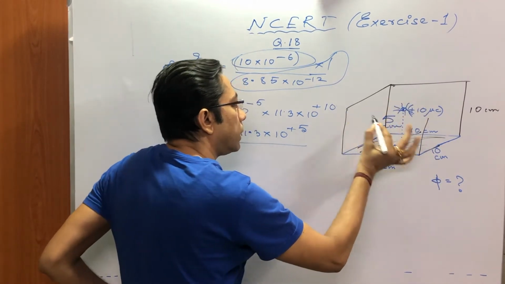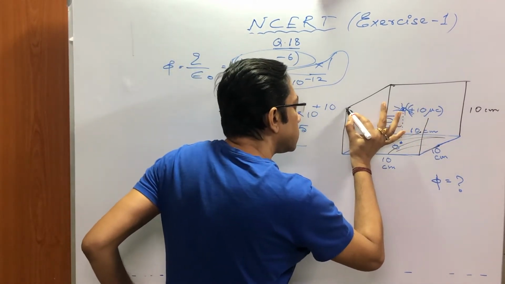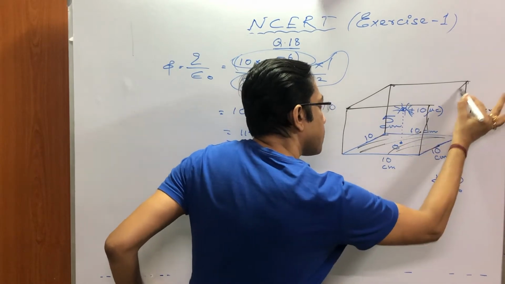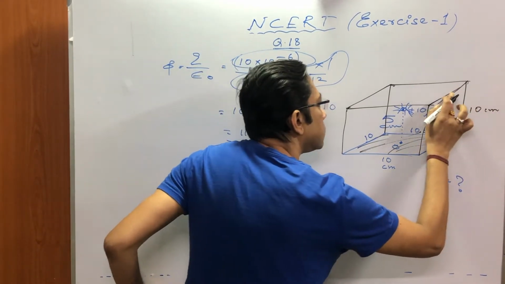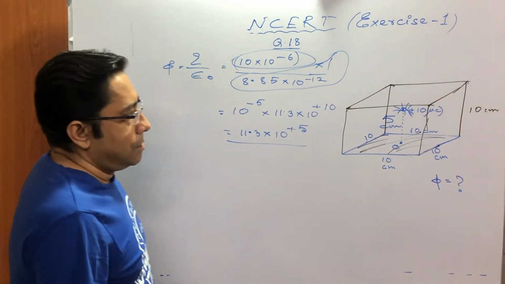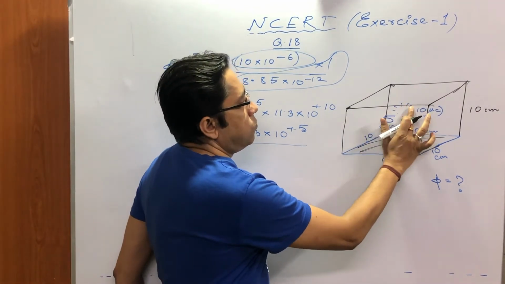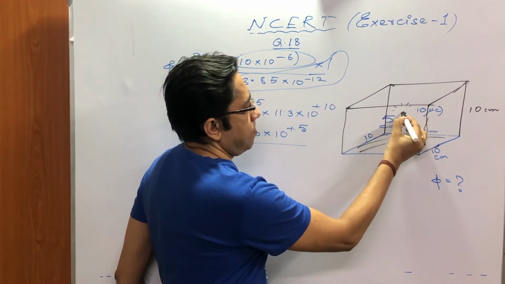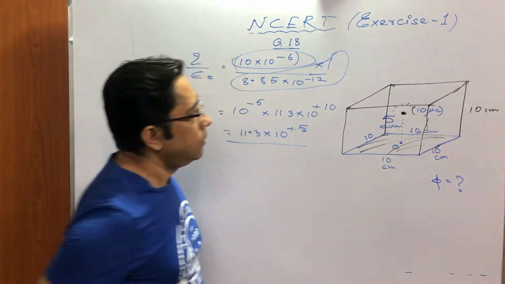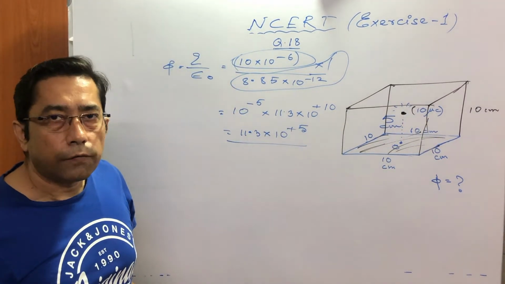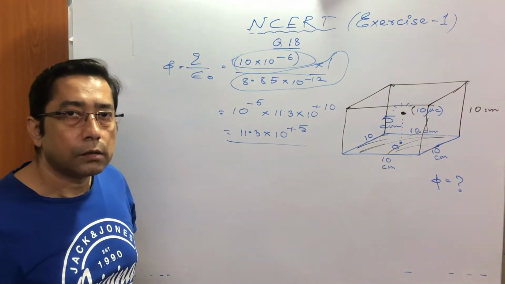So if you join these walls, what do you get? You get a cube of each side 10 centimeter.